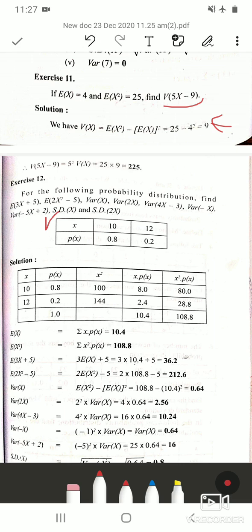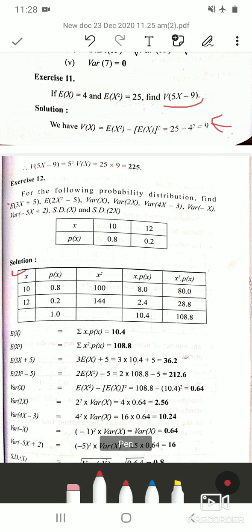They have given the distribution where x takes value 10 and 12, and the respective probability p of x is 0.8 and 0.2. For all these sub questions we require expectation of x and expectation of x square, because we have to find out the variance. So now let us solve step by step.